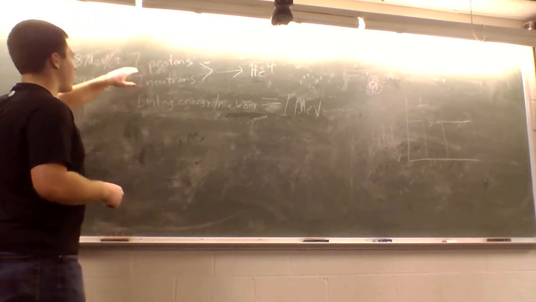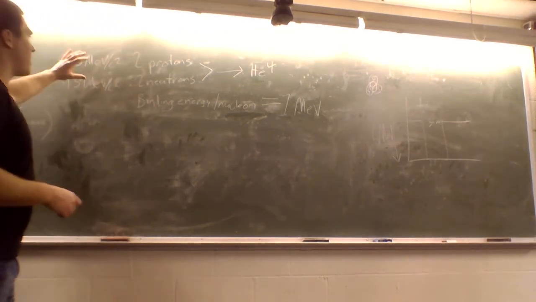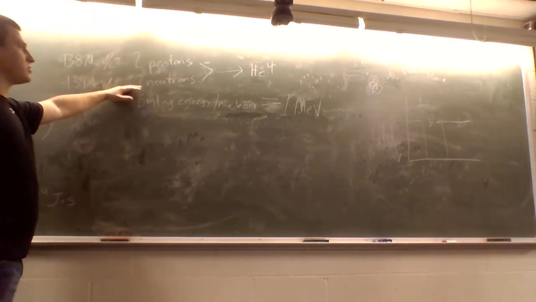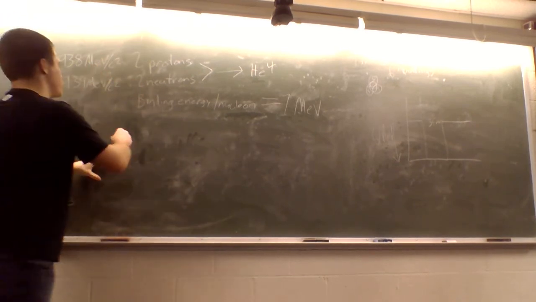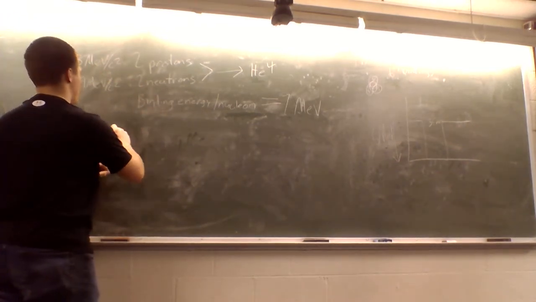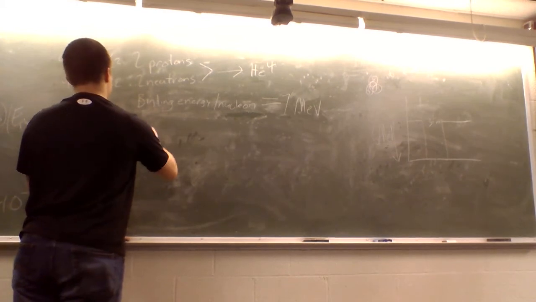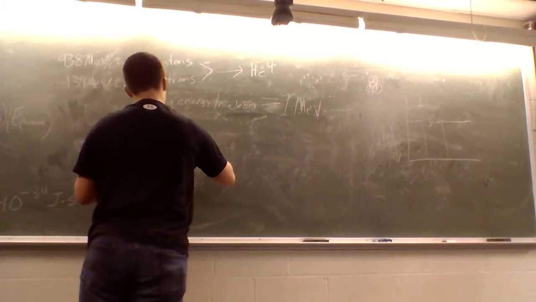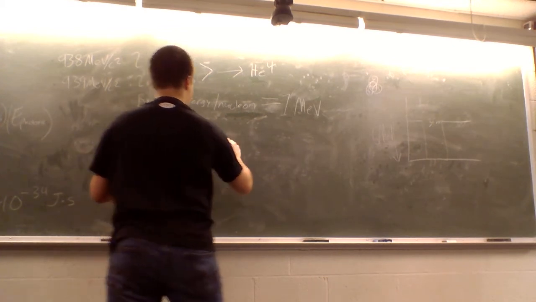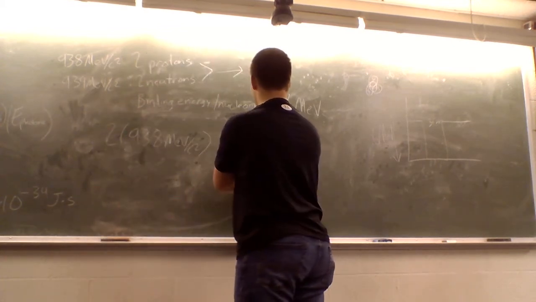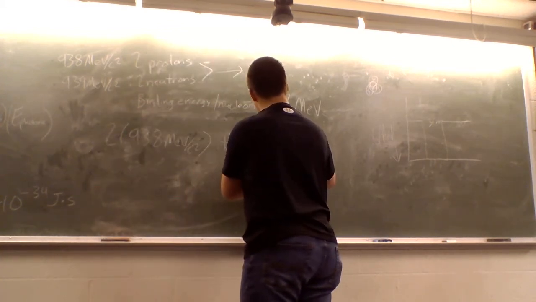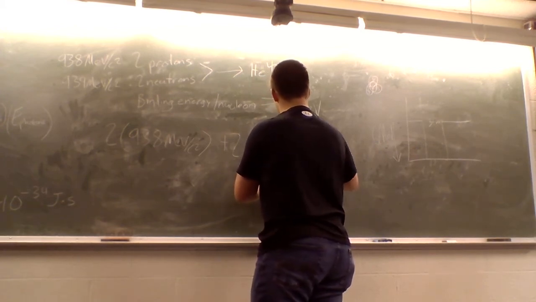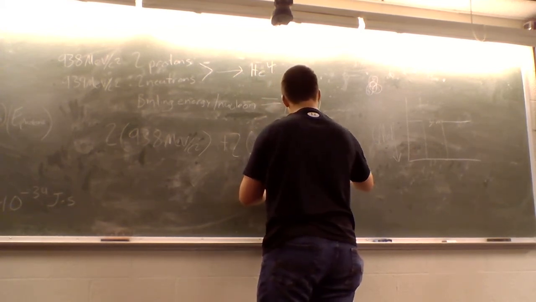But to do this problem, I believe what he wants you to do is take the 2 protons and 2 neutrons. They have a certain amount of energy to start with before they bind, and that is 2 times 938 mega electron volts per c squared, plus 2 times 939 for the neutrons, mega electron volts per c squared.